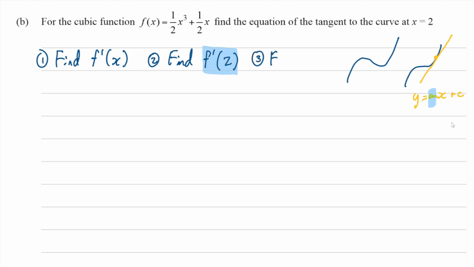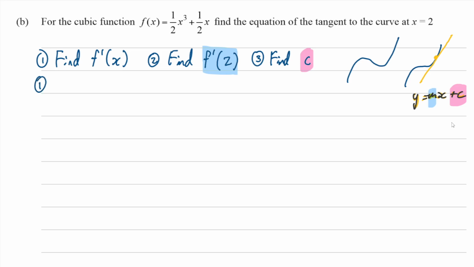And then finally we need to find the y-intercept, c, in order to find the equation of the tangent line. Alright, so that's our game plan. So if you haven't tried any of that yet, do try it yourself, but we'll go through it together now.